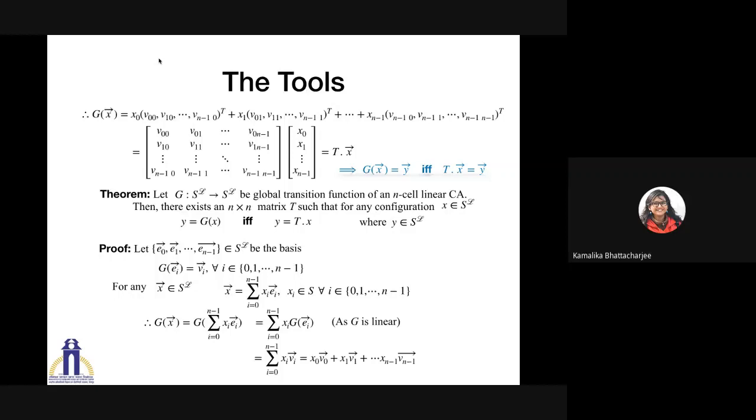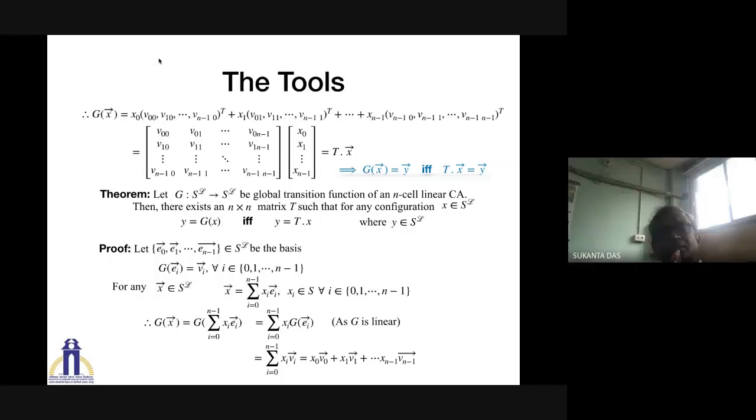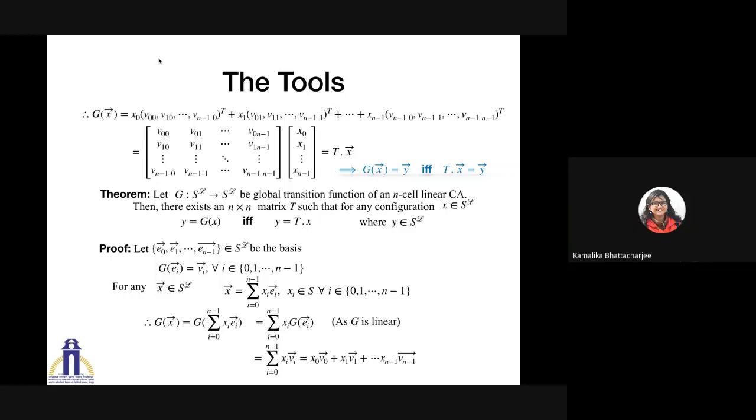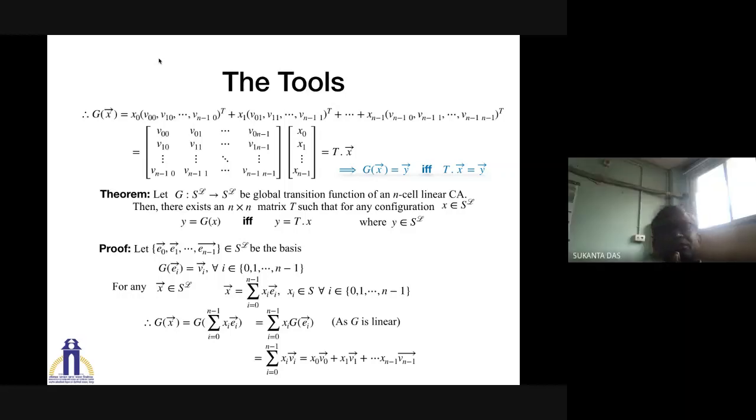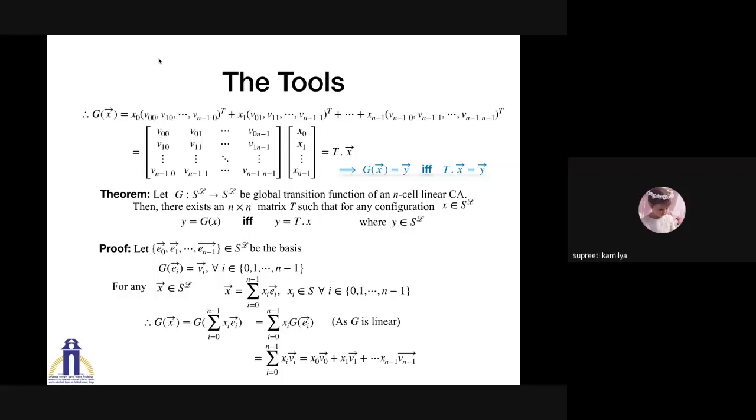Each of them is a configuration, right? Yes. No, E0 to E(n-1), these basis vectors, each of them is a configuration of a CA. Yes, each of them is a configuration.